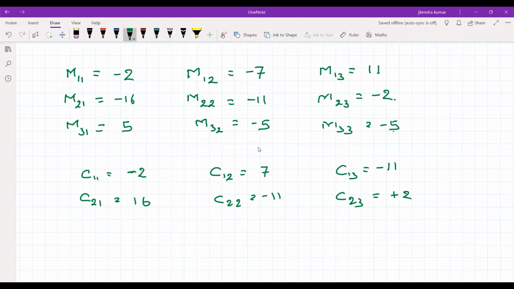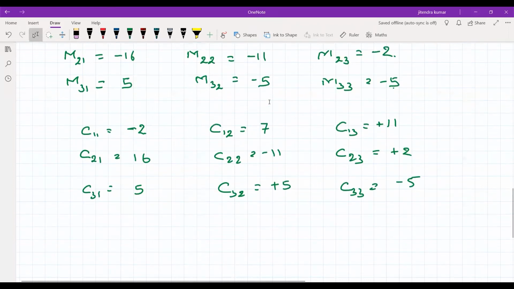Okay, C13, just a minute. C13 will be plus 11 only. Yes. Then C31 will be plus 5 only. Then C32 will be plus 5. Then C33 will become -5 only. So these are our cofactors.